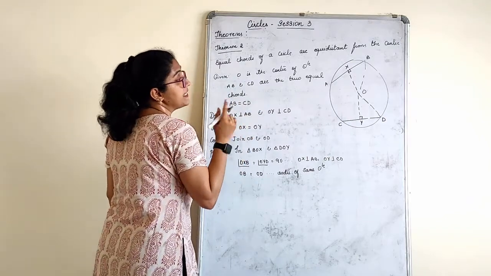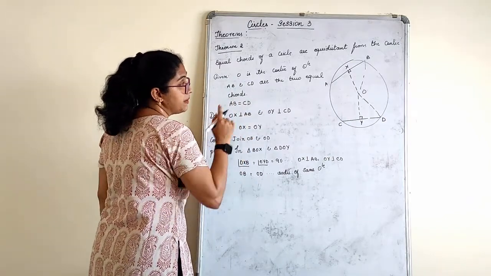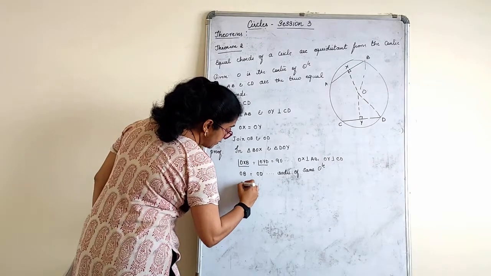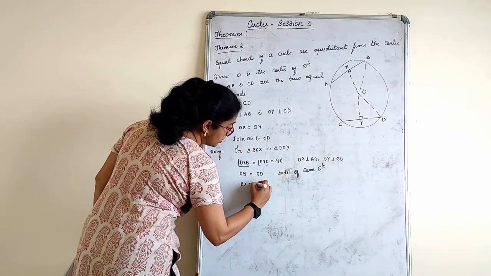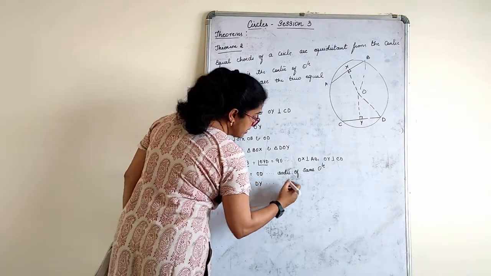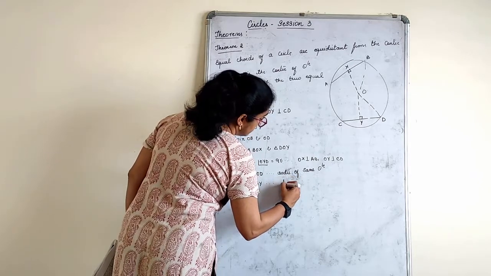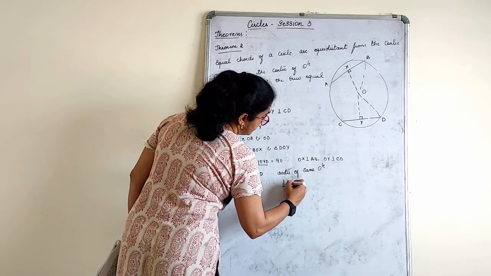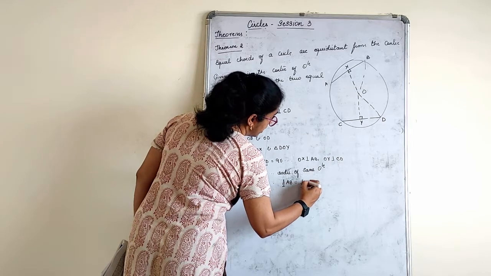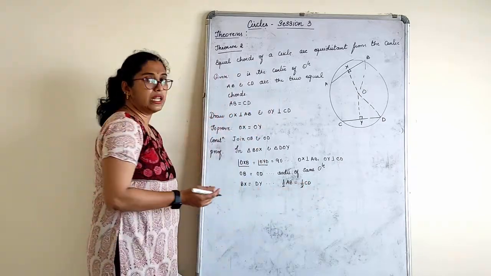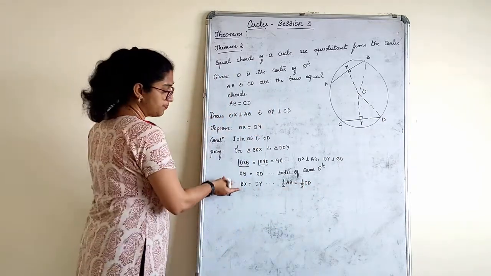So half of CD is also equal to half of AB. So what is half of CD? BX is equal to DY. Reason I will tell: half of AB is also equal to half of CD. Chords are equal, halves of equals are equal.